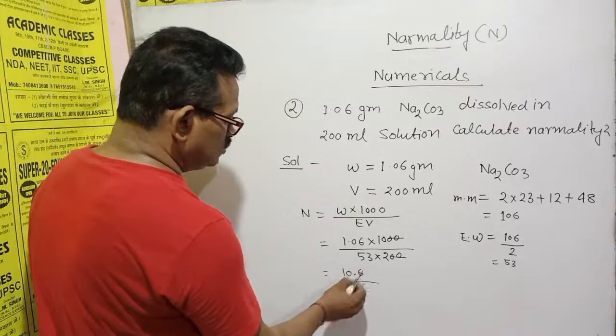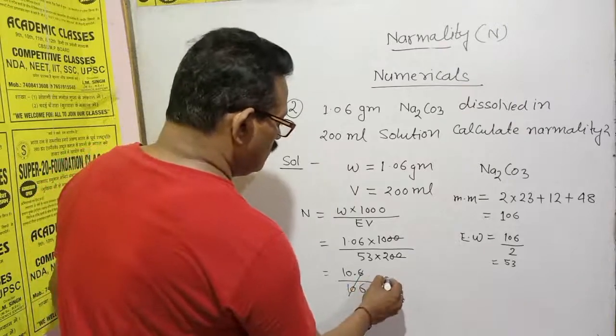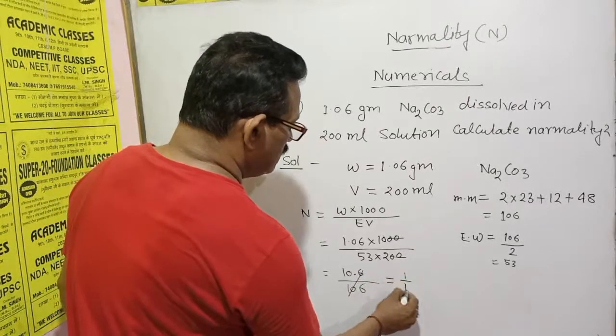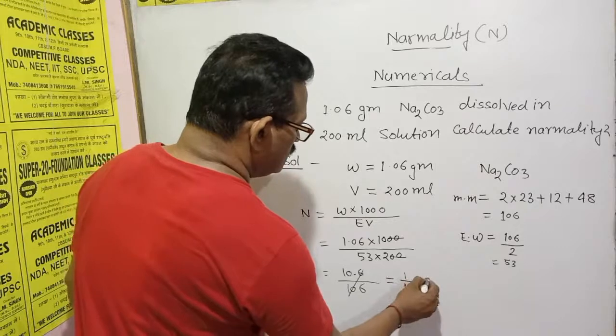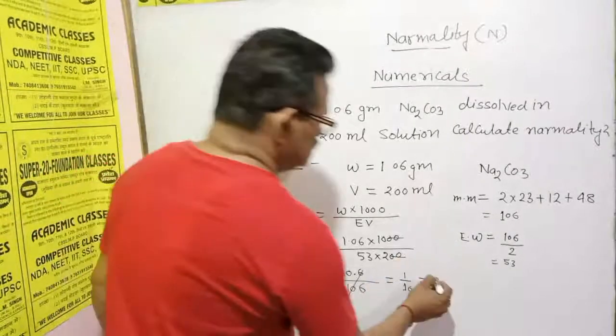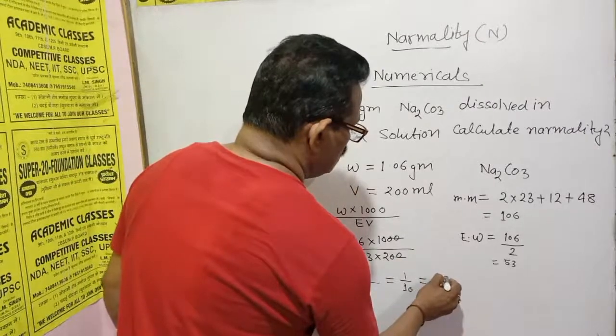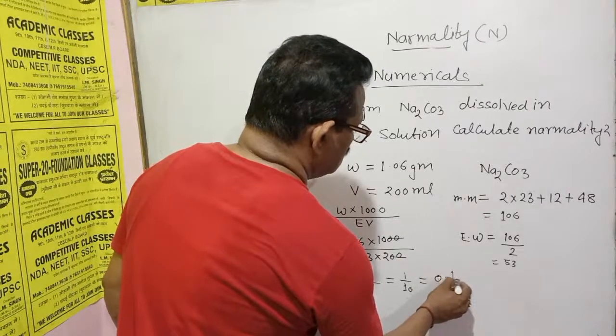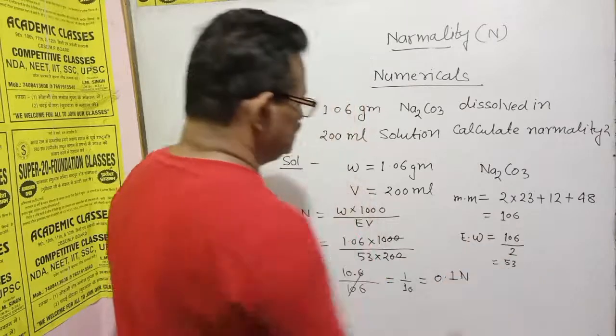Then you can cancel by 1 upon 10, and convert into decimal form, 0.1 N. This is your final answer.